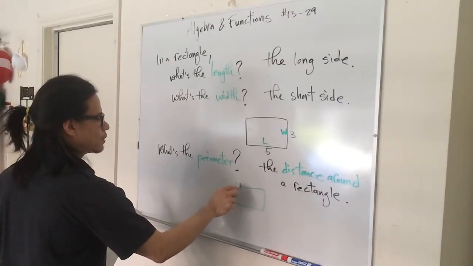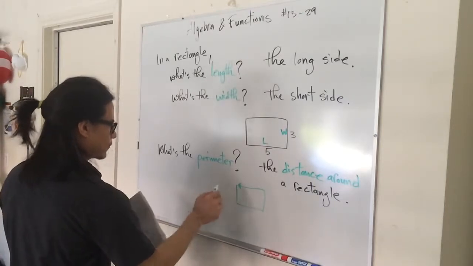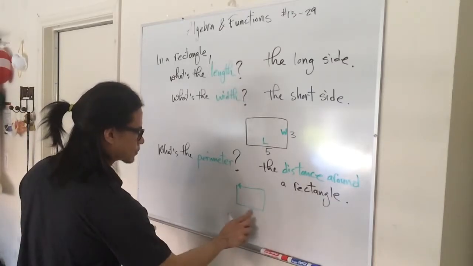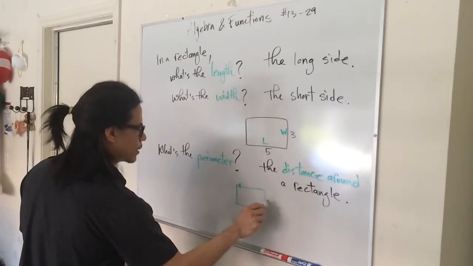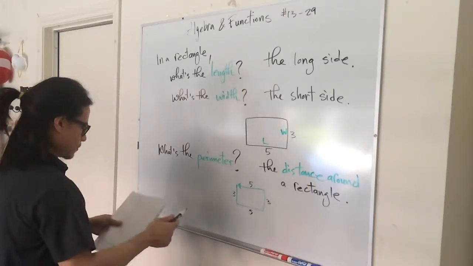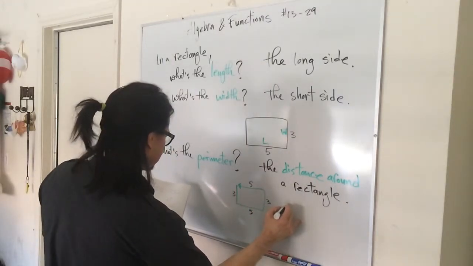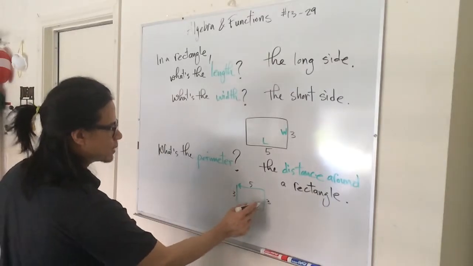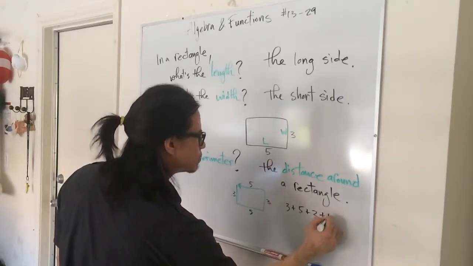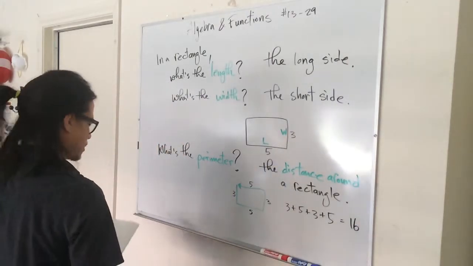So if you were walking around the rectangle, you have 5, right? And this is 3, so the top is 5, and the left side is also 3. So you would have 3 plus 5 plus 3 plus 5. And that is your perimeter. 16. Okay, 16 units.